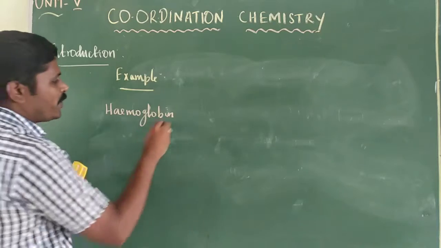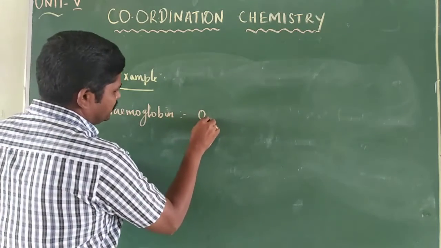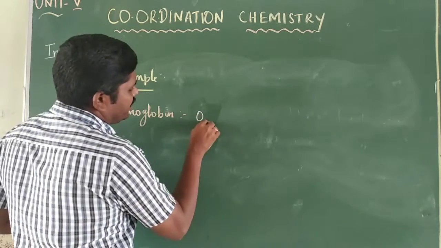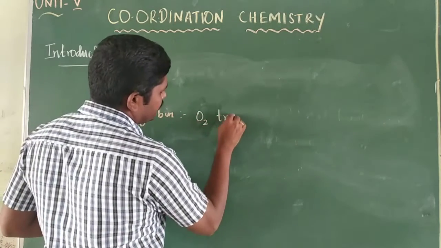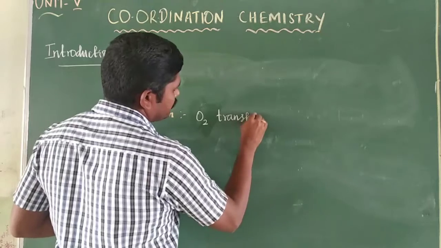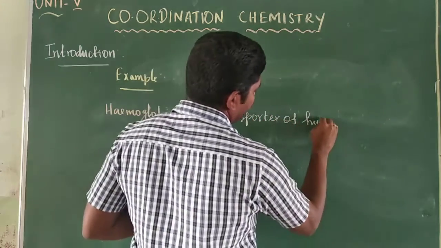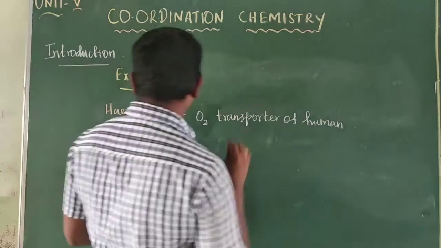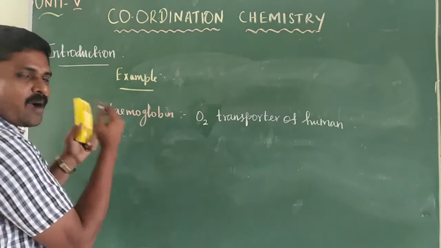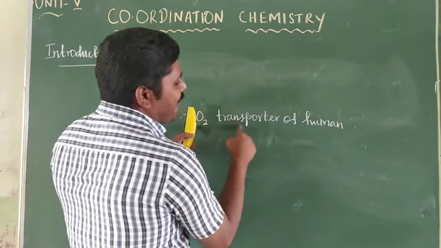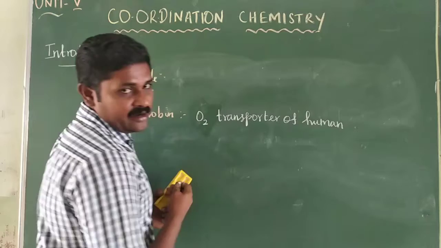Hemoglobin is the oxygen transporter of humans. Right? So hemoglobin is a complex compound used as the oxygen transporter of humans.